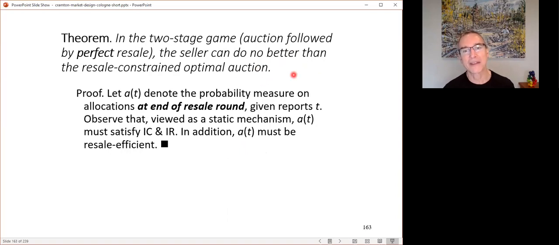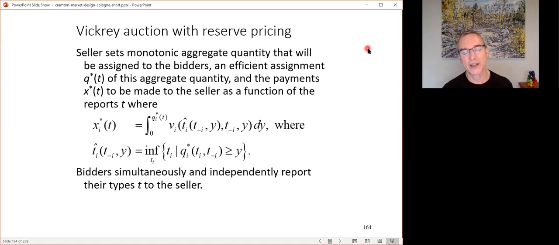We can show how they can implement the resale constrained optimal auction with a Vickrey auction. So this is the Vickrey auction with reserve pricing. And it's that reserve pricing that's going to lead to some of the good being withheld. But there's no misassignment because we're going to implement Vickrey pricing in this context.